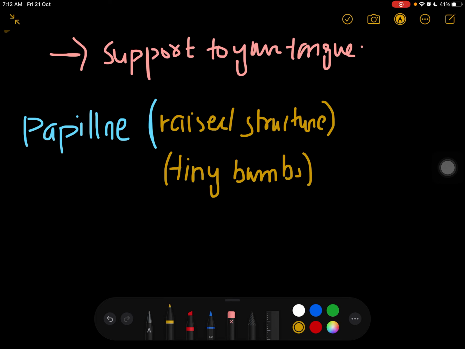Don't get confused between papillae and taste buds. Papillae are not taste buds. Not every papilla has taste buds.